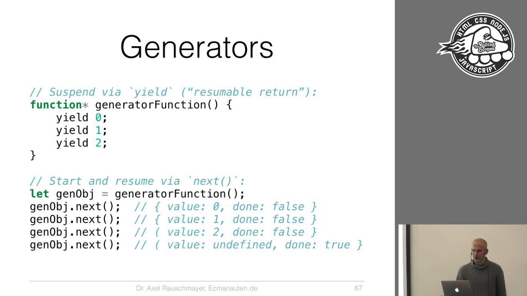So one application of generators is as a much nicer way of implementing an iterator. This is not really very pretty code that we've used to implement something iterable beforehand, and this is how simple it becomes afterwards. Because all you're saying here is yield.